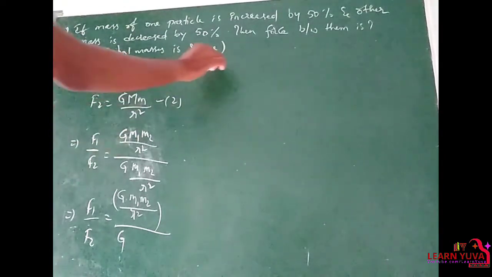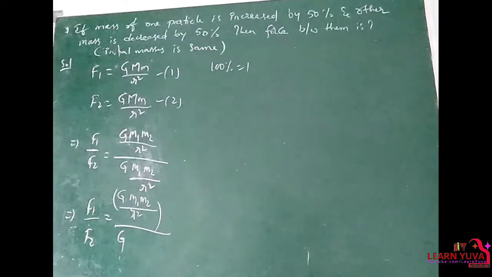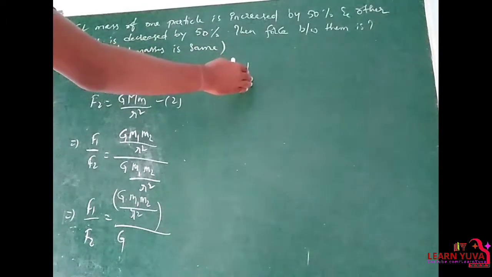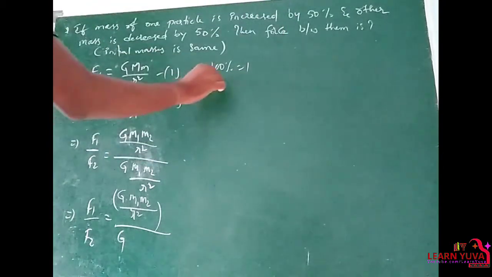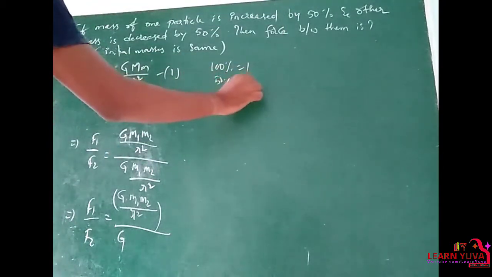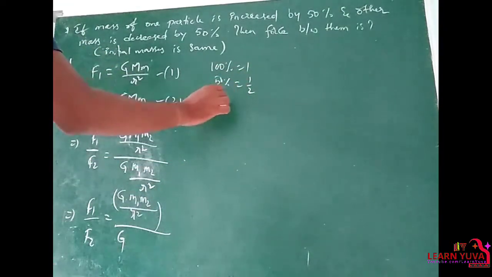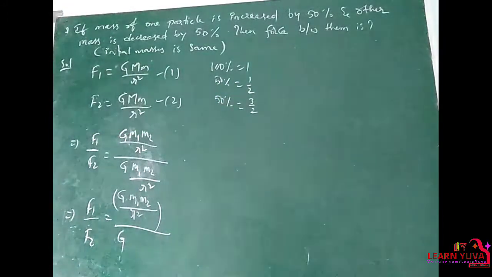So let's say 100% is equal to 1. 100% means 1. That means it increases one time. So one mass is increased by 50%. 50% can be written as 1 by 2, and the decreased value is 1 by 2, and 50% increased value can be written as 3 by 2.